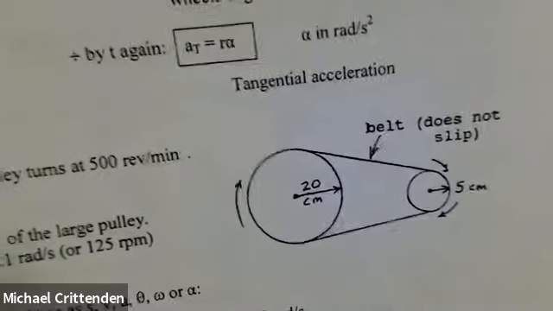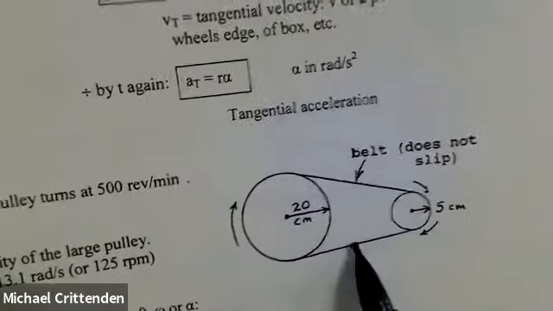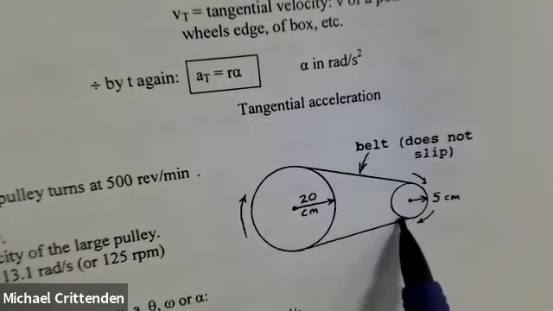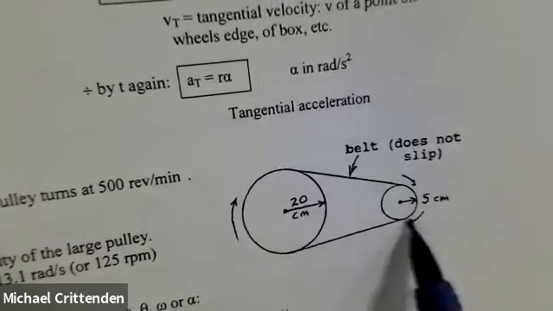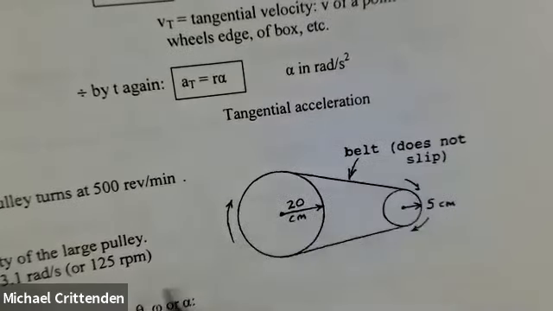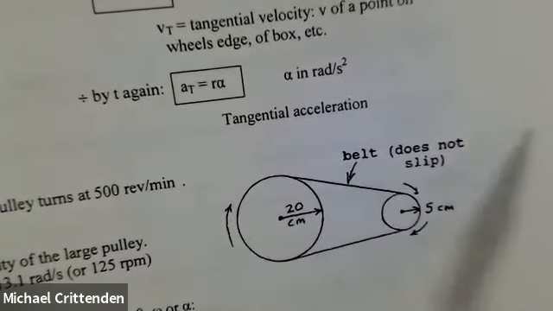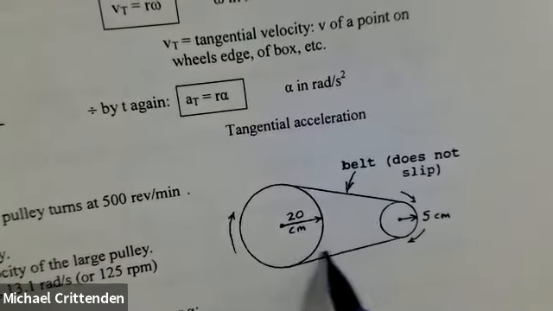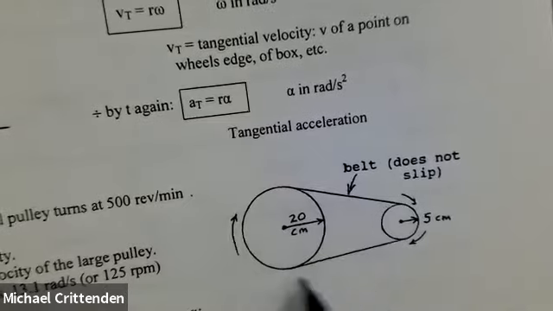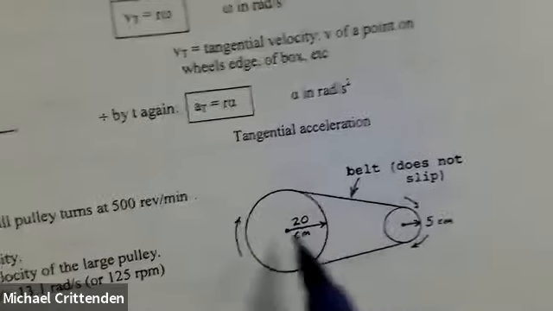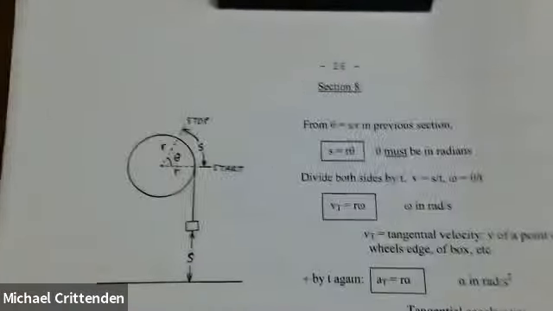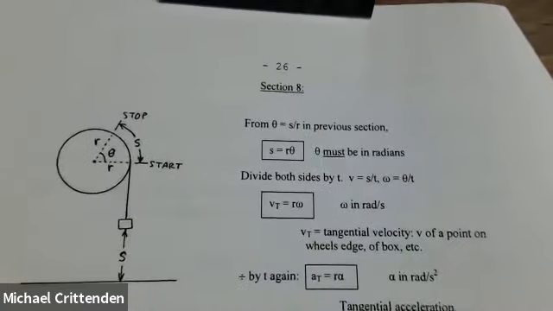If this is the bicycle chain, what is the relationship between the speed of the chain, how many inches per second or meters per second that the chain is moving? How does that relate to the angular velocity of the sprockets that it passes over? Okay, so that's the kind of thing I want to address next.